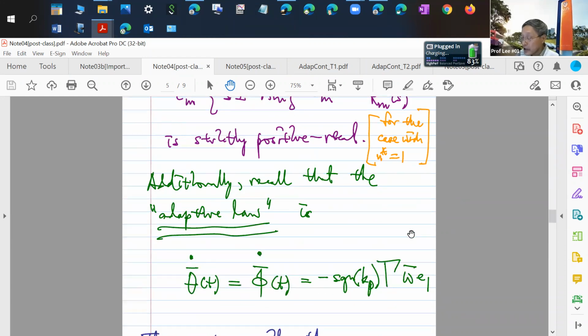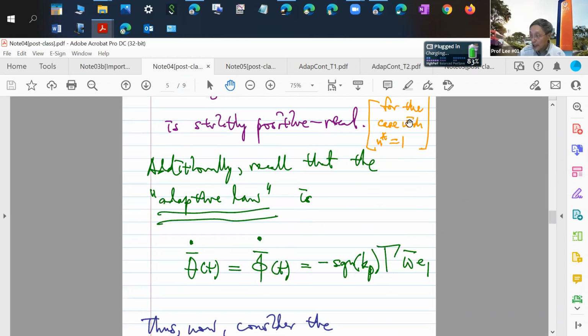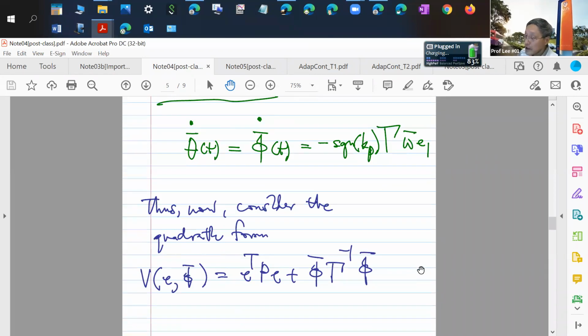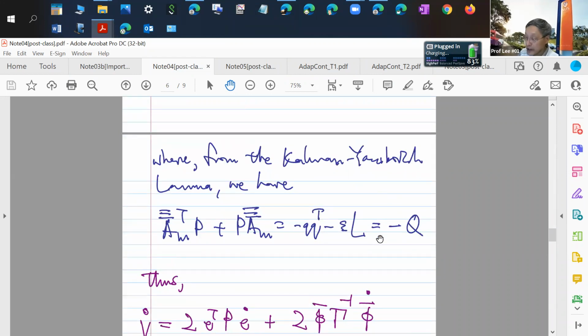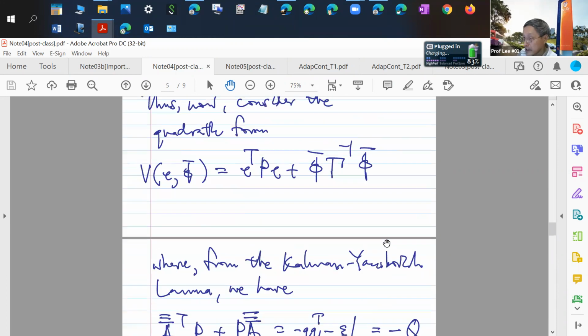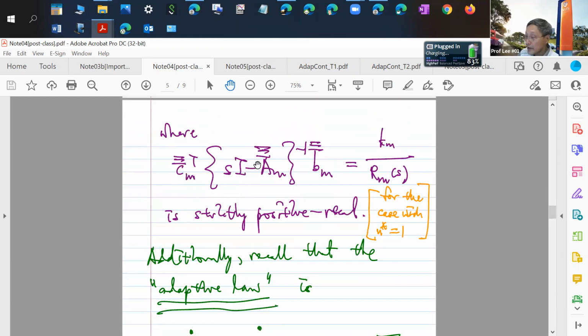Then recall that for relative degree equals 1, we said the adaptive law can be like this. So let's check how the adaptive law works out. Let's again look at this ellipsoid function. Now from the Kalman-Yakubovich lemma, go back to your system.